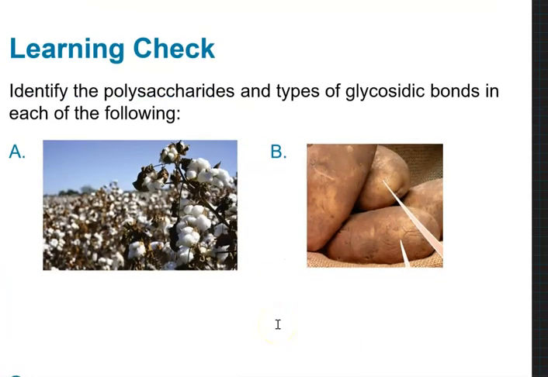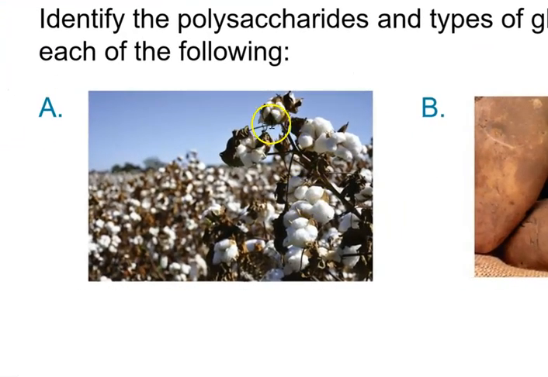Now, polysaccharides and the types of glycosidic bonds in each. So what do we have on the left? What polysaccharide is that? It's cotton. Can you eat cotton? Can you digest cotton? You can eat cotton, you shouldn't, but you can't digest it.